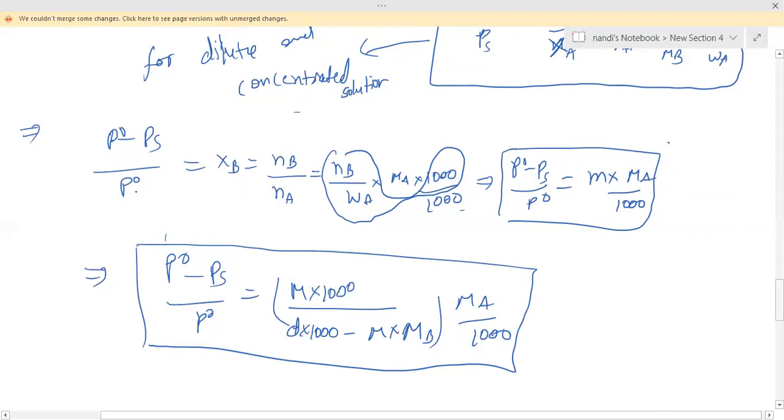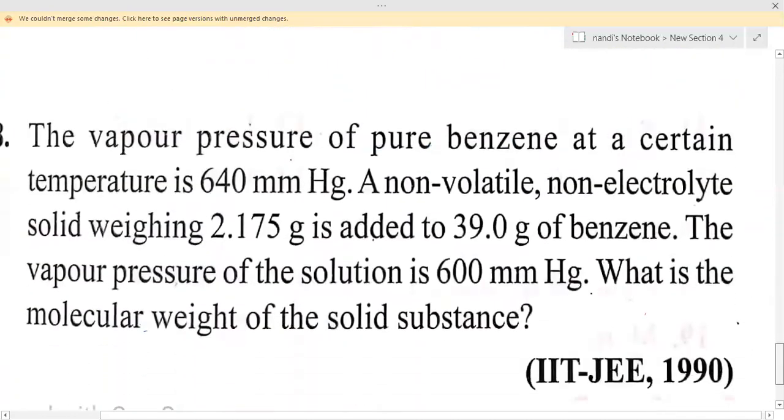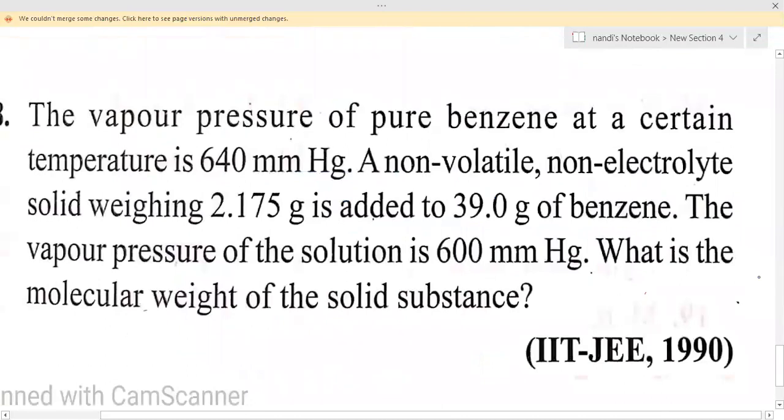So we can solve one question with respect to this, the previous question, check it. You can read this question first yourself to understand. They provided P naught, this is pure benzene.